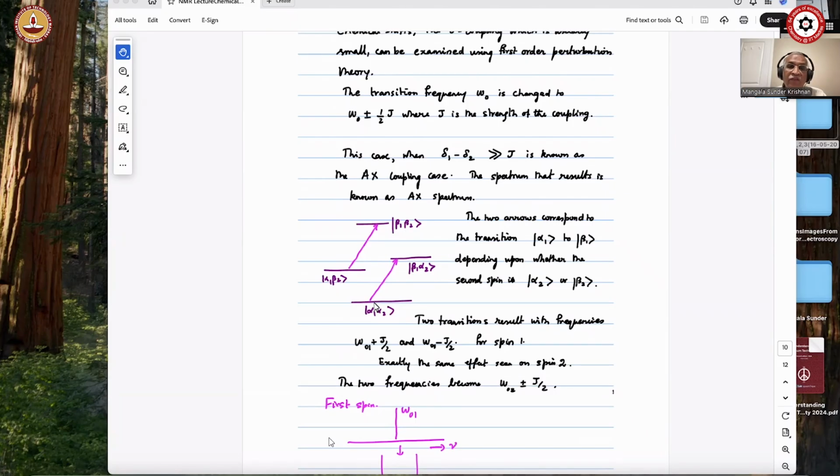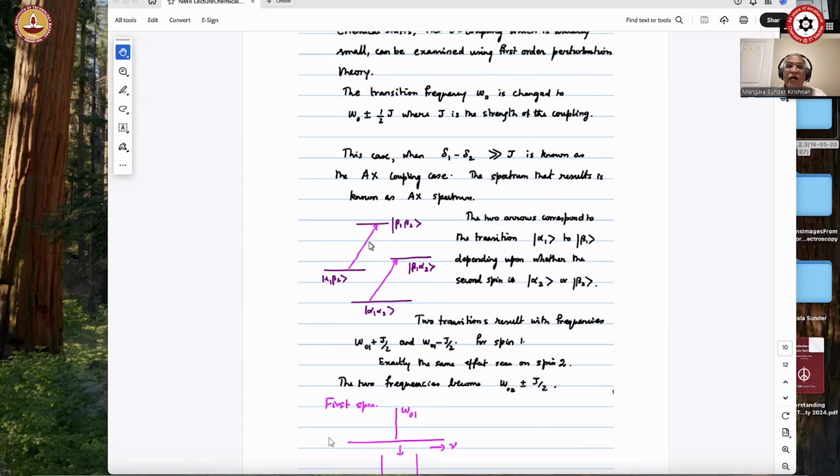Now, the spin 1 transition is alpha 1 to beta 1, corresponding to the same alpha 2. There is also a spin 1 transition corresponding to alpha 1 to beta 1 with beta 2. So the second spin remains in beta here, and here the second spin remains in alpha. These are called the 2 spin 1 transitions.